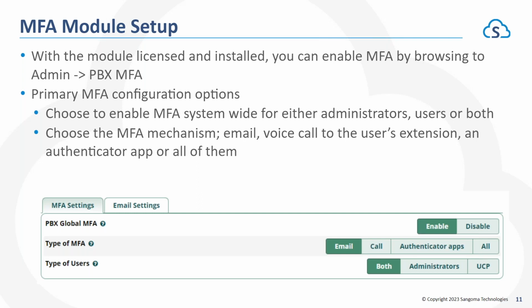For the types of MFA challenges, we have email, a voice call, or an authenticator app, and you can use all three. You can also enable MFA for users, UCP logins, or administrators, admin GUI logins, or both. So these are global system settings, and we can control per user options a little later.